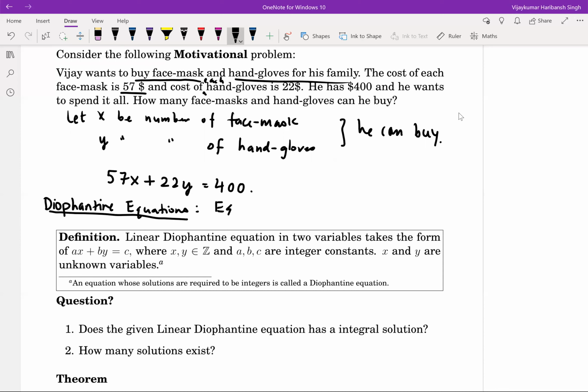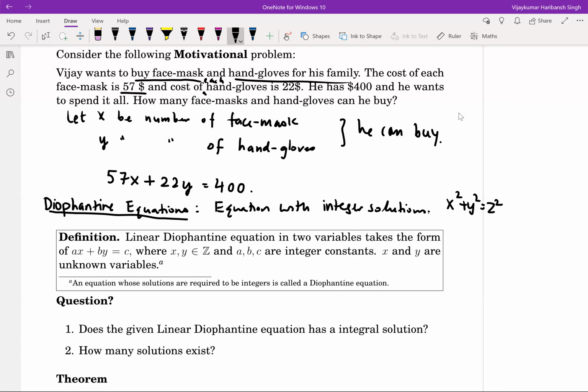So you want to only solve for integer solutions. One known example is, say, x squared plus y squared equals z squared, your Pythagoras theorem, when you're looking for a right angle triangle with integer sides. That is an example of a Diophantine equation.